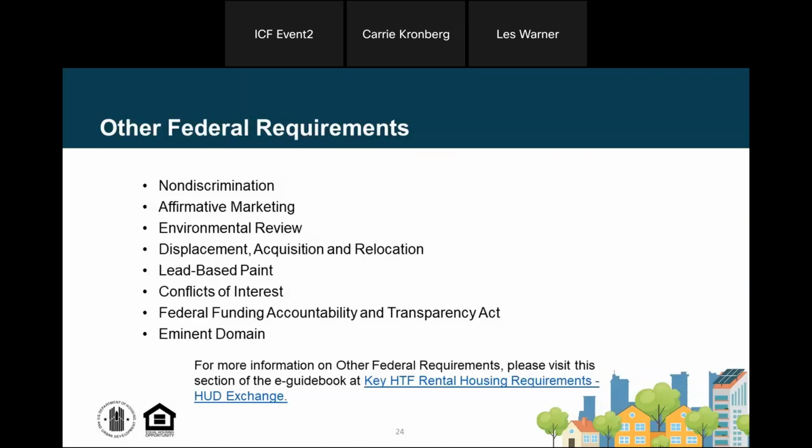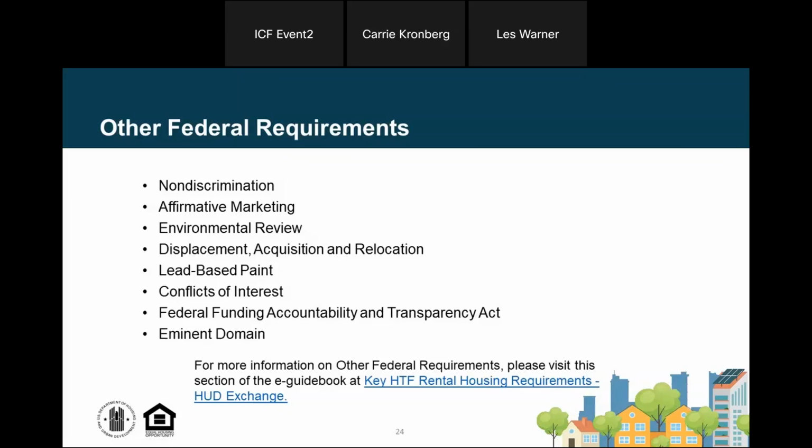We mentioned if we are displacing any folks either temporarily or permanently, then there are going to be regulations related to the displacement, but also for acquisition and relocation. Our lead-based paint requirements are going to apply, and then things like our conflict of interest, federal funding accountability, Transparency Act, and then restrictions that apply related to the use of eminent domain.